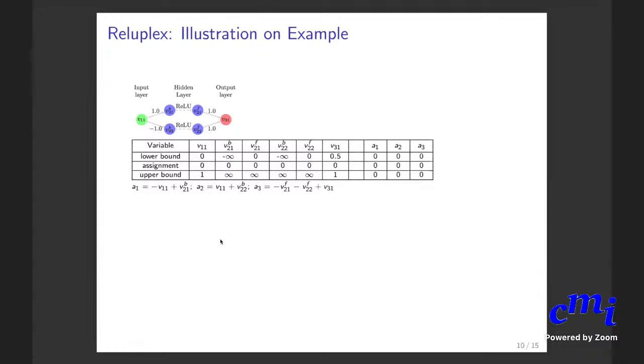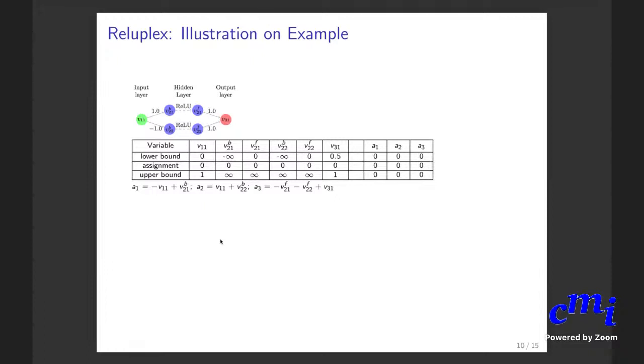So if your question is whether in the worst case this Reluplex will also end up case splitting exponential times, yes, it's possible. But the idea is to try not to do it, and to see if you can get a solution without actually doing a case split.